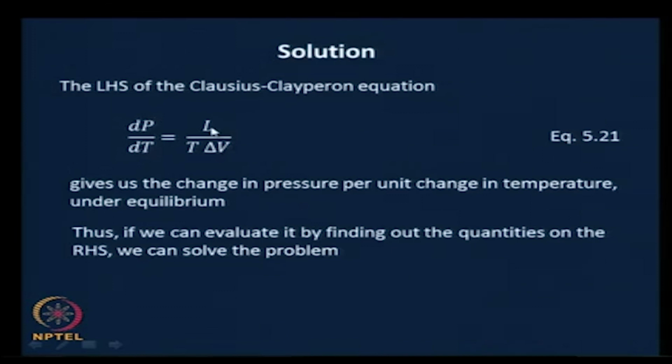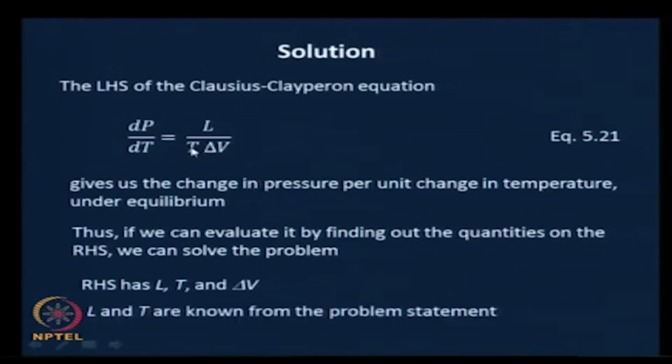L is already given, that is the latent heat of vaporization. T is also known from the problem statement, it is the temperature at which the vaporization is taking place. Therefore, if we find delta V, then we are actually done.